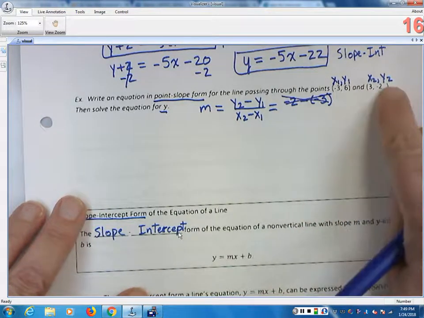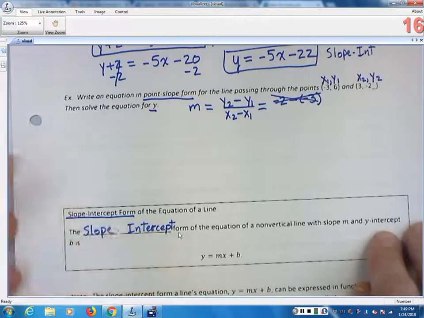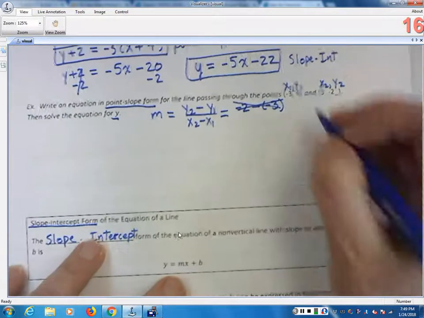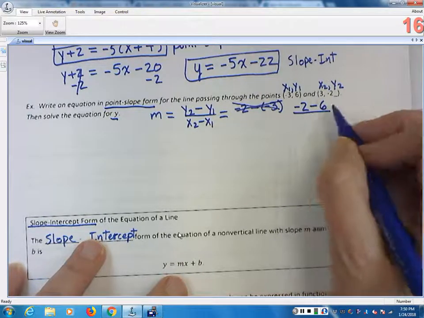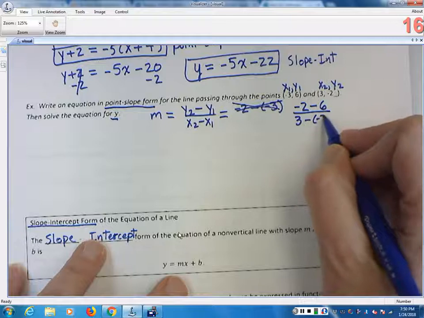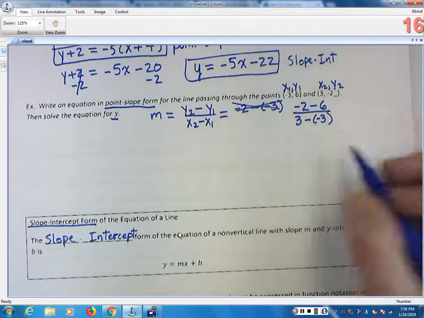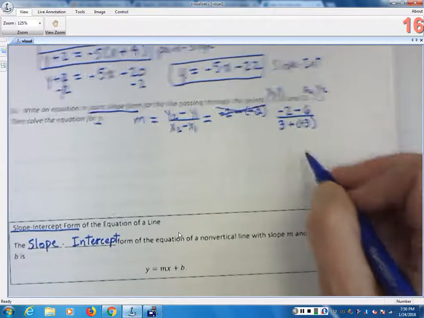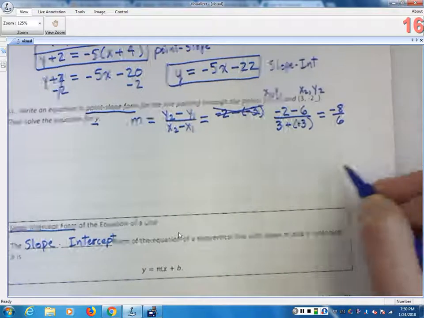We have to have the 2 y's, not a y and an x. -2 minus 6. Good. And 3 minus a -3. And then this is plus plus. So this is -8 over 6, and now that's right.